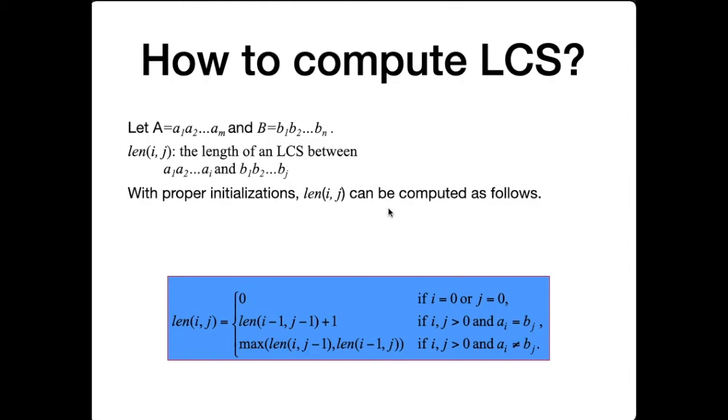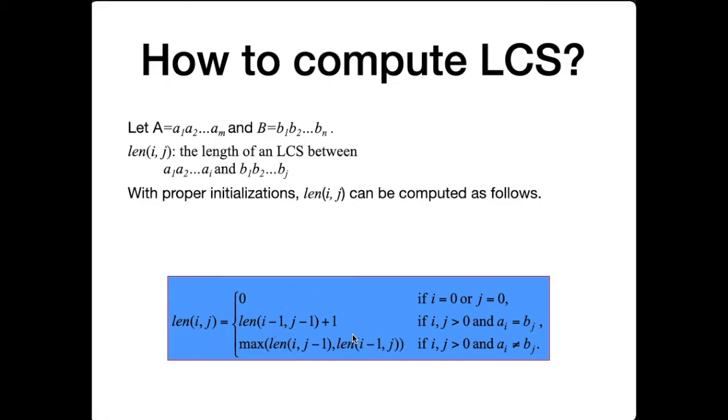And we're hoping that in the subsequent B sub j's, we can pair up A sub i, and vice versa, we can pair up B sub j with the subsequent A sub i's.